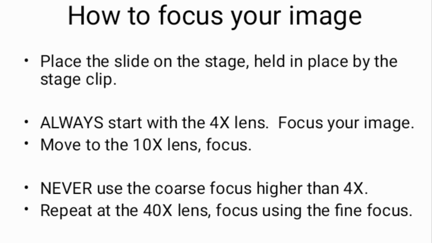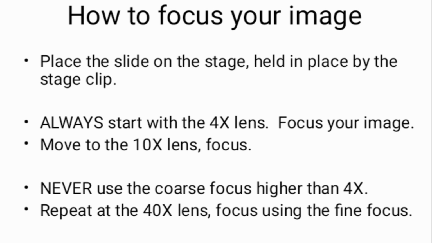You start with the 4 times lens, then focus your image, then move to the 10 times lens and focus. Never use the coarse focus higher than 4 times. Repeat at the 40 times lens, focusing using the fine adjustment.